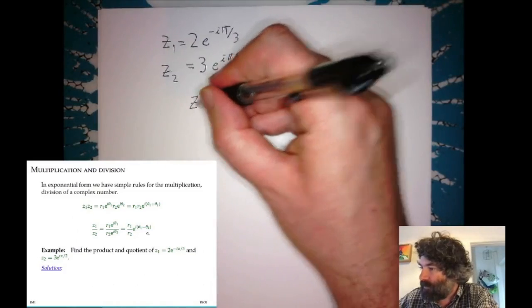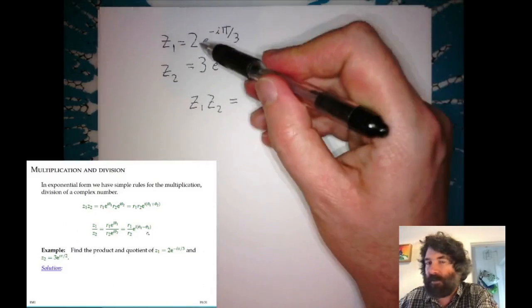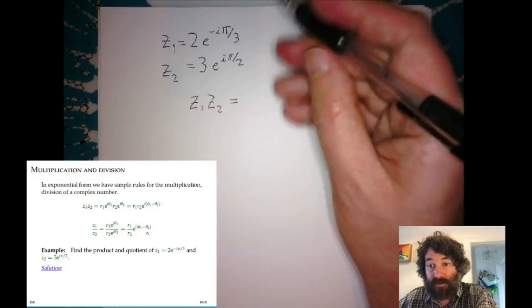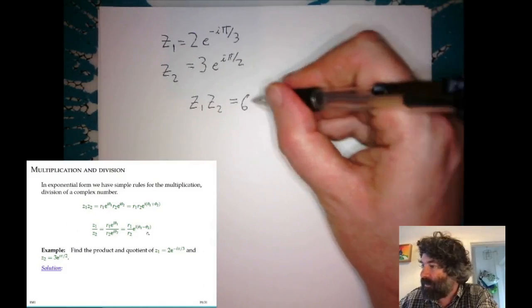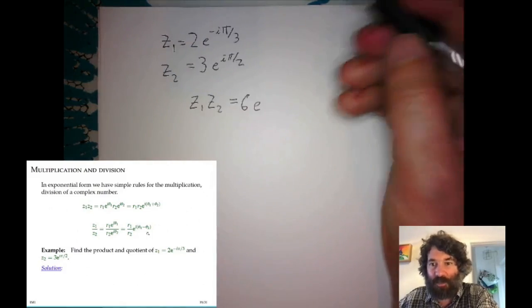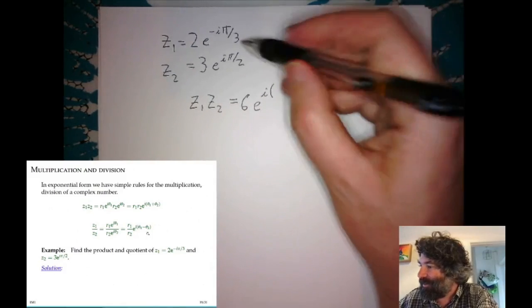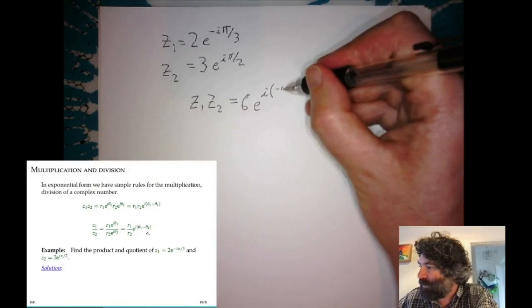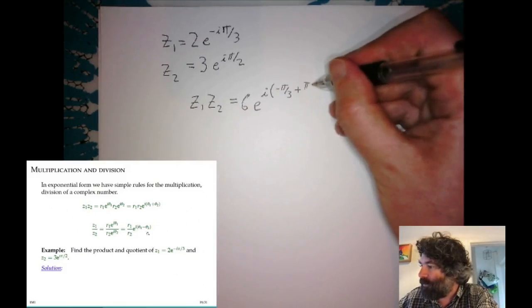The product of z1 and z2 is equal to what we get when we multiply the moduli of the two numbers. So 2 times 3 is 6. And then the argument, or possibly the argument plus or minus 2 pi, is e to the I negative pi over 3 plus pi over 2.